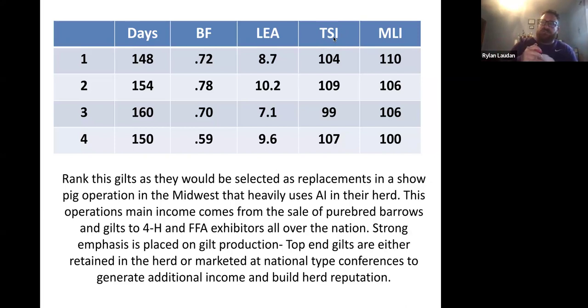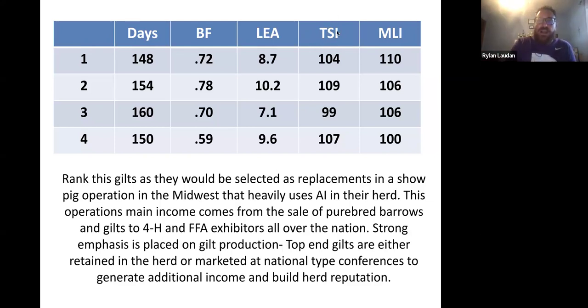And keep in mind, terminal sire index and maternal line index, which is going to be the next one, are developed based on data. Maternal is like how many pigs were born, how many pigs were weaned, and TSI is like back fat, days, and loin eye area, that kind of stuff. Okay, so the terminal traits refer to the meat.